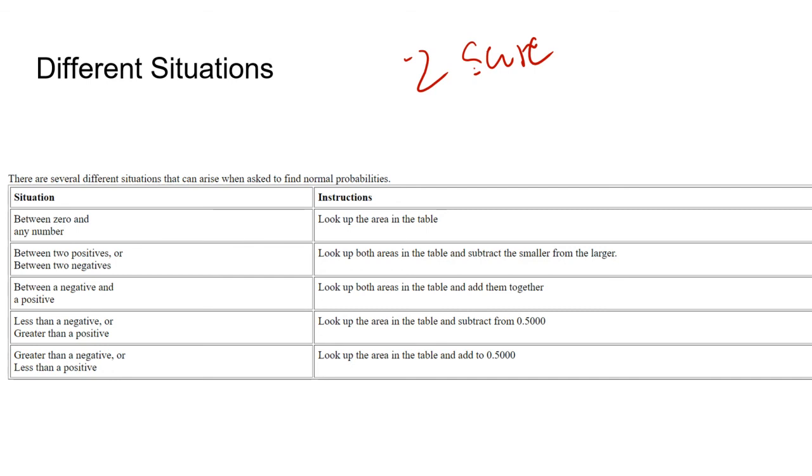Less than a negative or greater than a positive, look up the area in the table and subtract it from 0.5000. You do the same thing for greater than a negative or less than a positive, but instead of subtracting, we add this time. So look up the area in the table and add it to 0.5000.